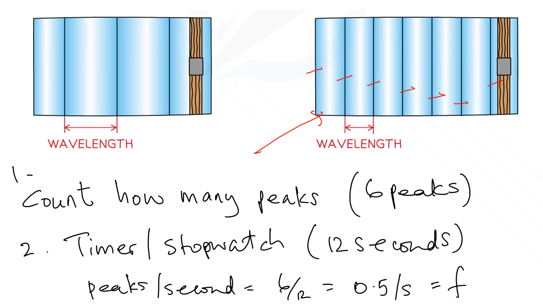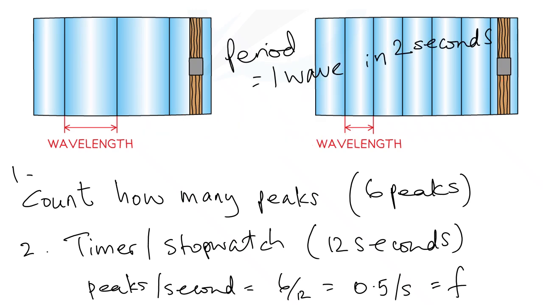So you count the number of peaks: 1, 2, 3, 4, 5, 6, 7, and you divide by the time it takes, right? So you count the number of peaks, you time, and then to work out the frequency, you do the number of peaks divided by time taken, because frequency is how many waves per second.